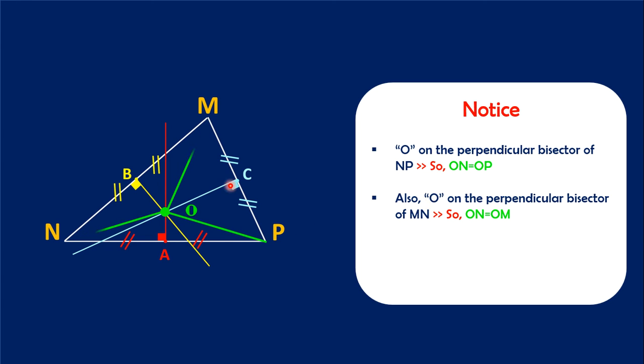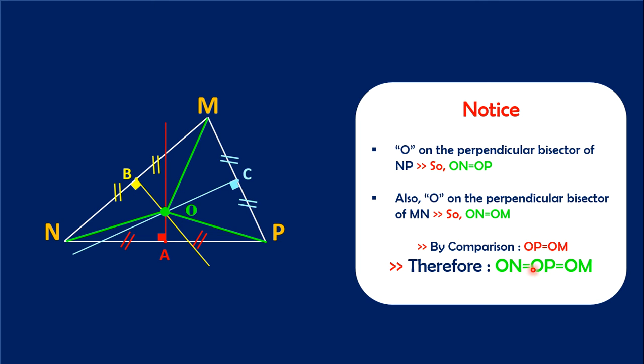Let's notice also that O is on the perpendicular bisector of MN, which is that yellow perpendicular bisector. So ON equals OM. By comparison, ON equals OP and ON equals OM, so OP equals OM. And we can conclude that ON equals OP equals OM.